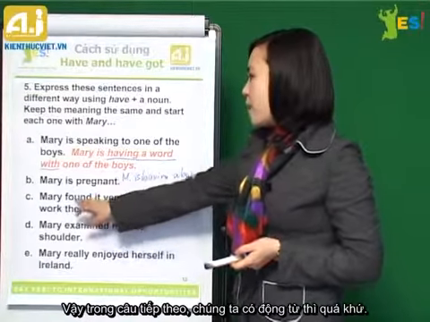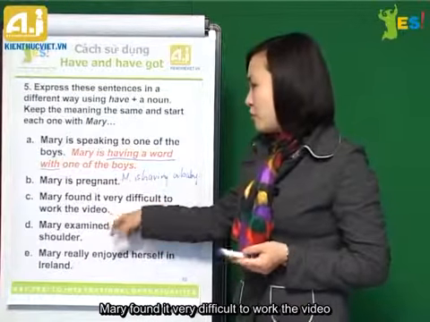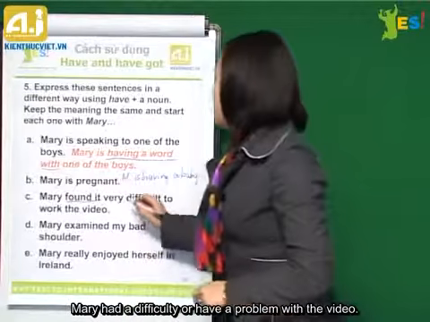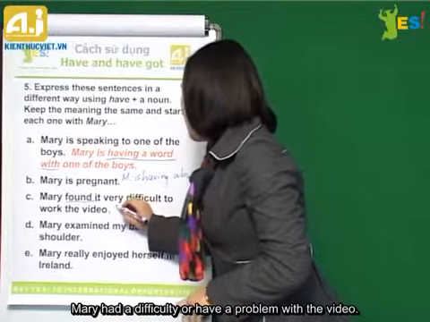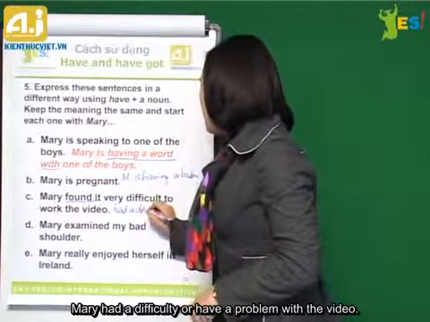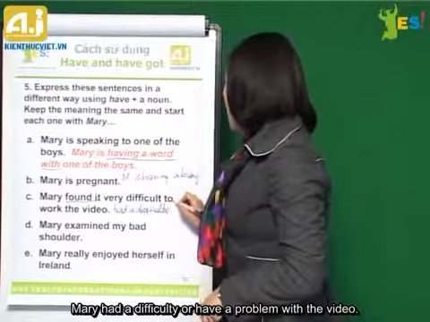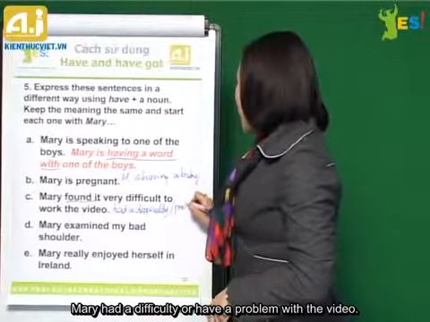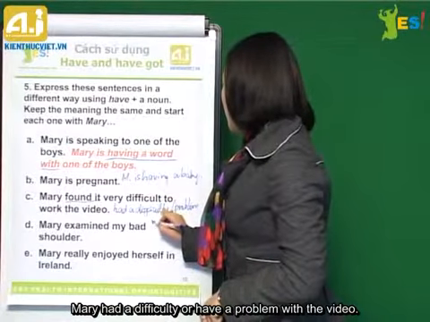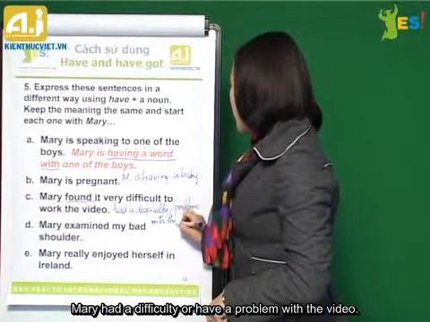Sentence C. In the past tense, "Mary found it very difficult to work the video." So you have this one in the past tense. So you should say, "Mary had a difficulty", or you can say "had a problem with the video".